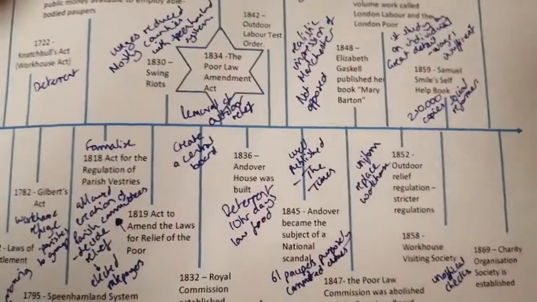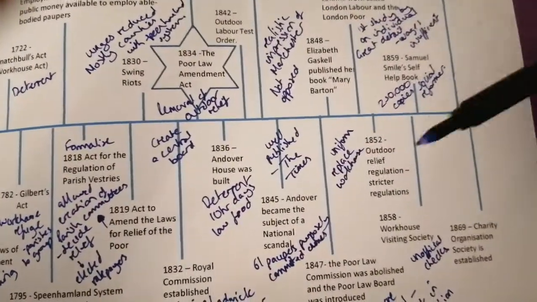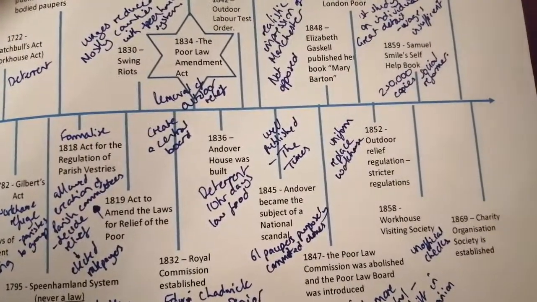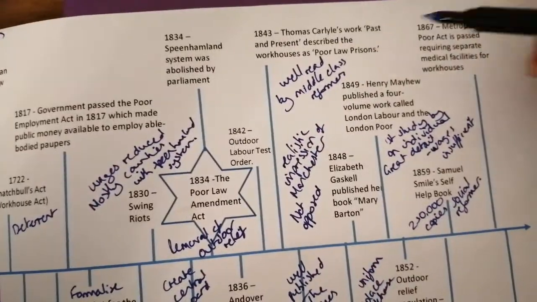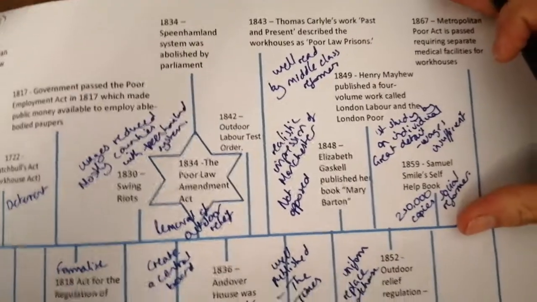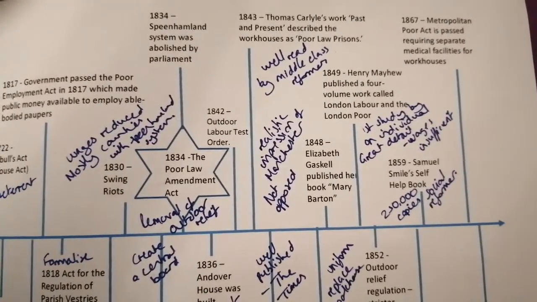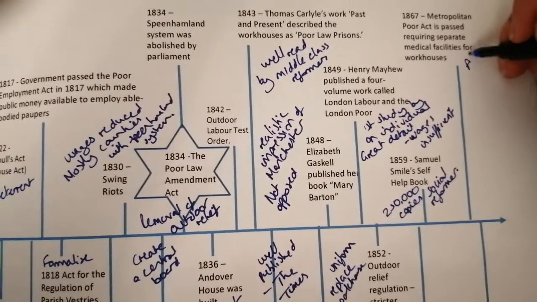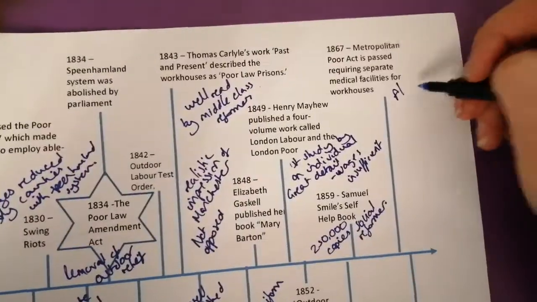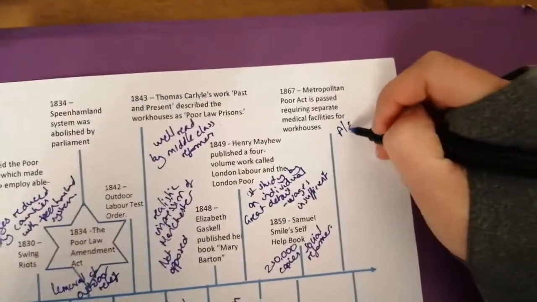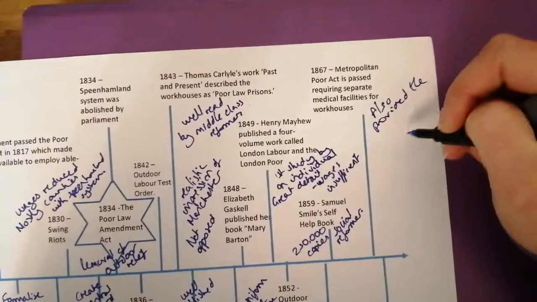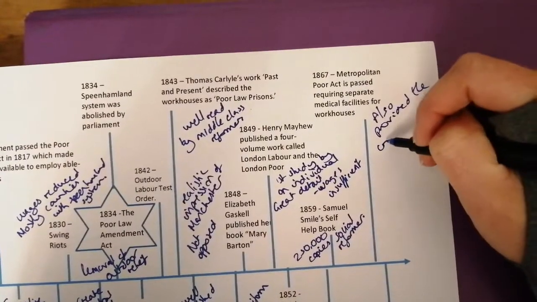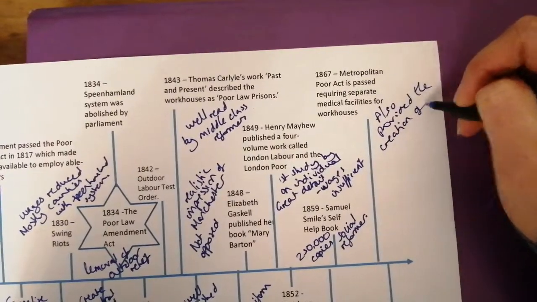Now, from all of these different things, from the individuals up here, from the slight changes in legislation, we can see more legislation changing. So we have, for instance, the Metropolitan Poor Act is passed, requiring separate medical facilities for workhouses. And this also provided the creation of the Metropolitan Asylum.